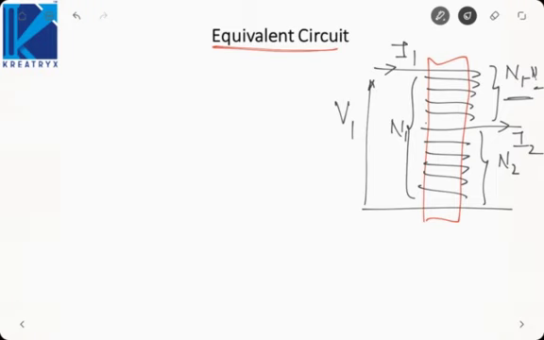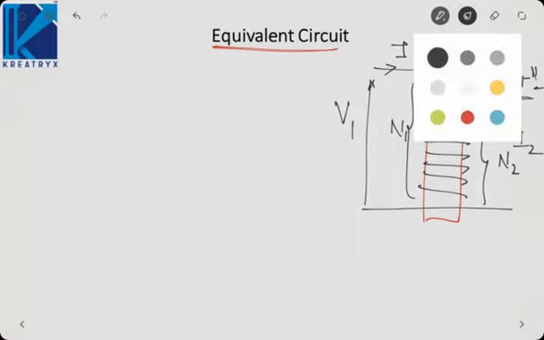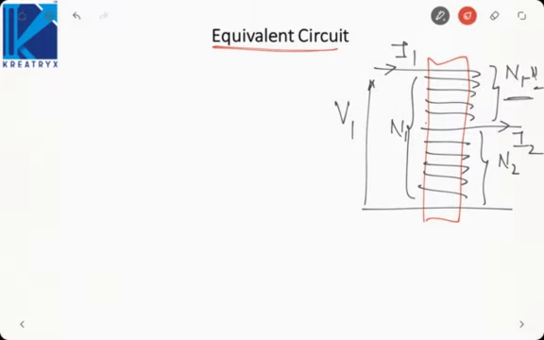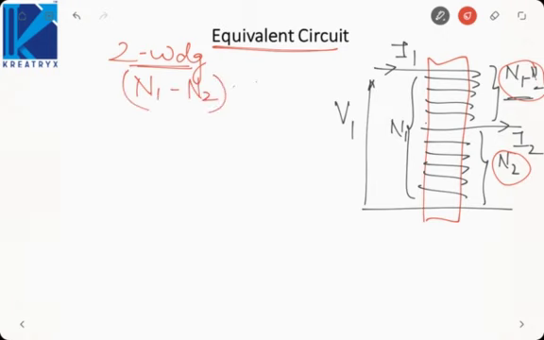Now to find the referred impedance or the equivalent circuit, we will analyze the auto transformer as a two winding transformer with a primary winding having N1 minus N2 number of turns and secondary having N2 number of turns. So this will be analyzed as a two winding transformer with turns ratio N1 minus N2 is to N2.